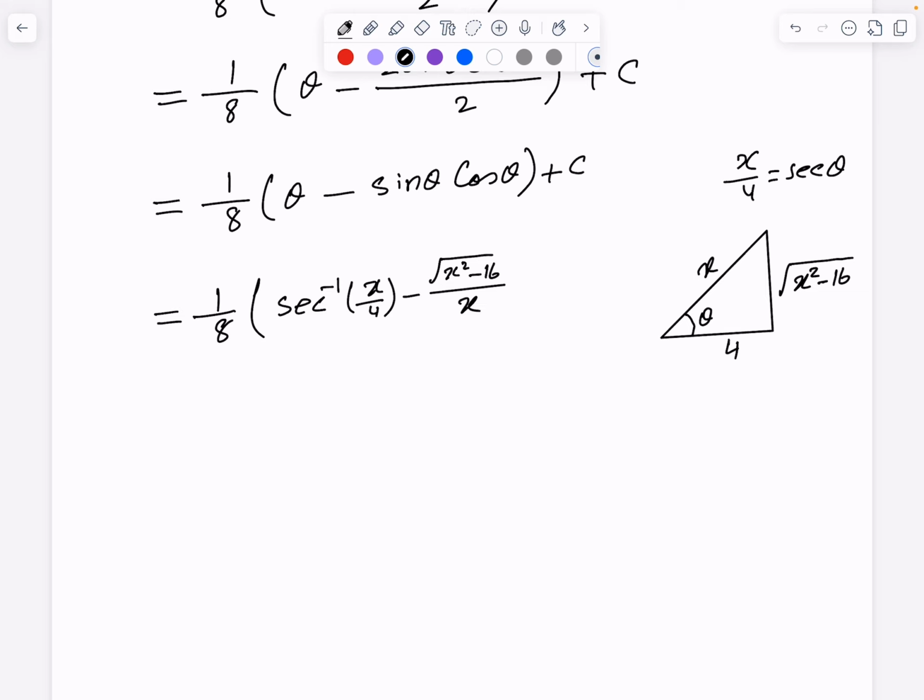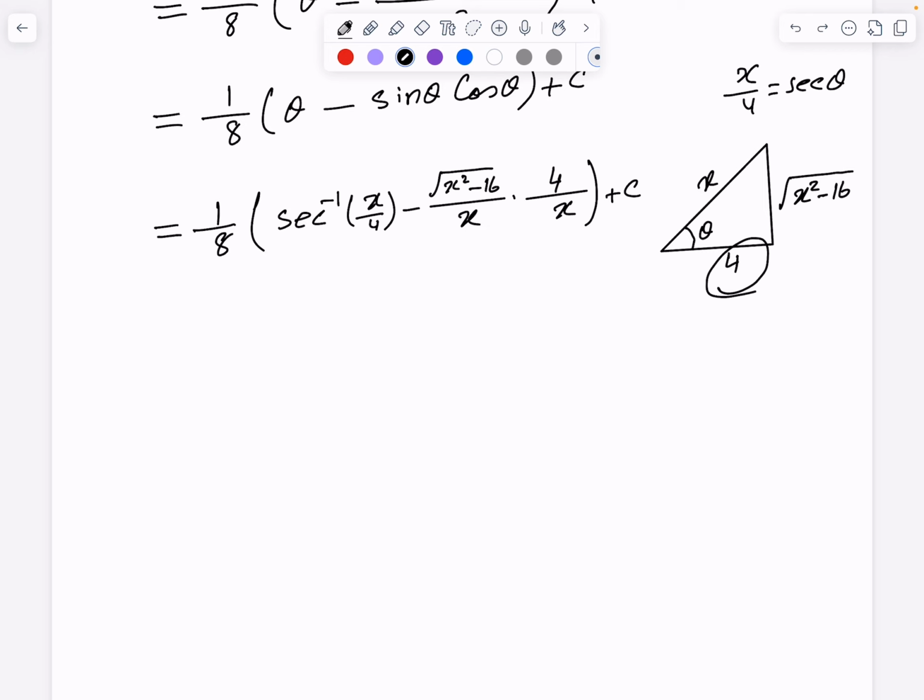This is our sine multiplied by cosine, which is adjacent, 4, divided by x, plus c. So sine is opposite divided by hypotenuse, and cosine is adjacent divided by hypotenuse. And this is the answer, actually.